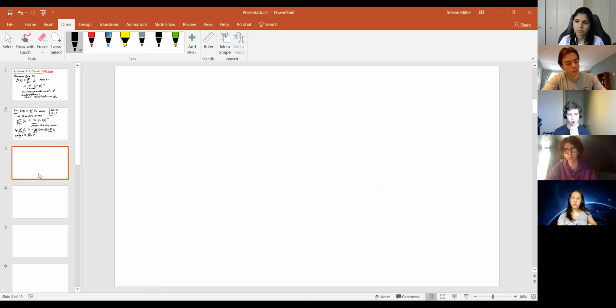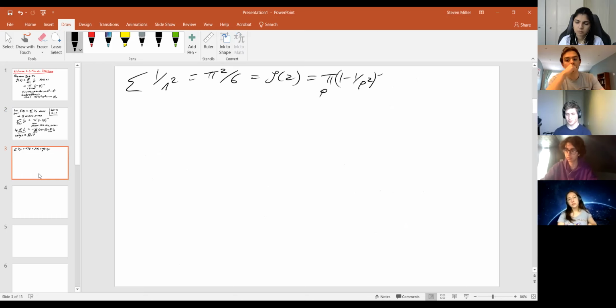Now I remarked a moment ago that the sum of 1 over n squared is pi squared over 6. Well, this turns out to just be zeta of 2. But we know the Riemann zeta function is the product over primes of 1 over (1 minus 1 over p squared) inverse, because we're taking s equals 2. What kind of number is pi squared over 6?